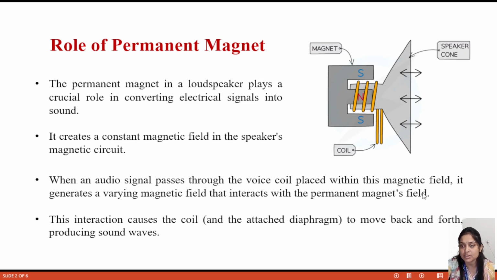I hope you can understand now. This interaction causes the coil and also the attached diaphragm to move back and forth, producing sound. This is why the permanent magnet is very important. Without the permanent magnet, a loudspeaker doesn't work.